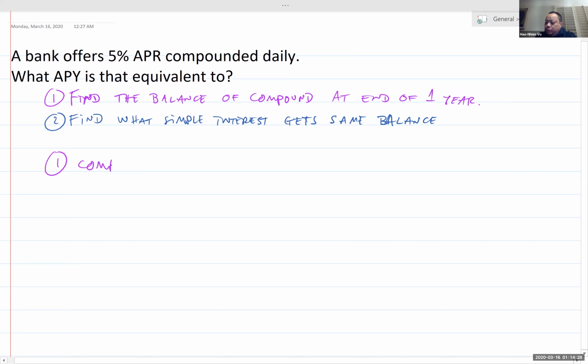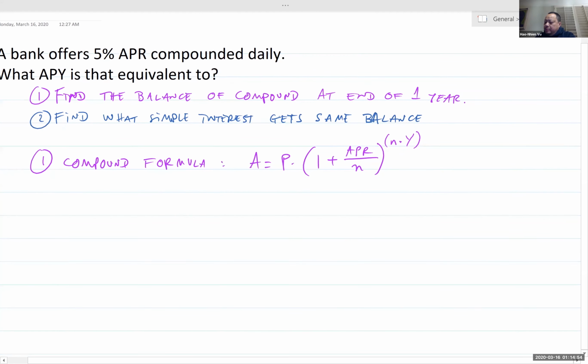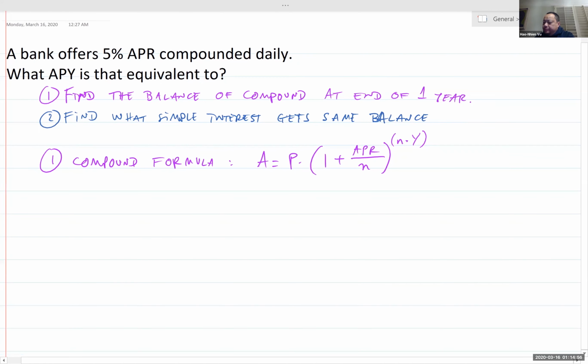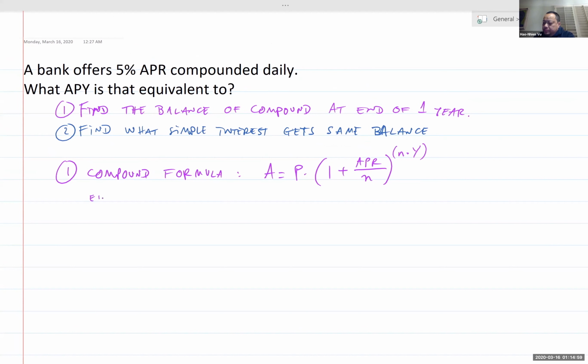So compound formula is A equals the principal times 1 plus the APR divided by the number of compounding per year, the whole thing raised to the power of that number n times the number of years. So because we're looking for the end of 1 year, that tells me that my y is equal to 1.